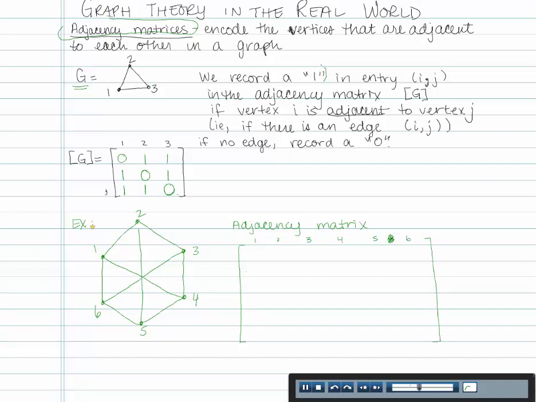Alright, as before, we're going to have zeros down that diagonal because we don't have vertices adjacent to themselves. There's no edge from a vertex to itself. We don't have any of those loops appearing in our graph.